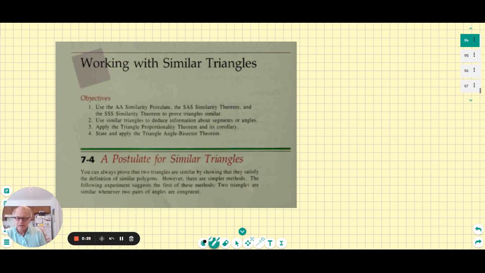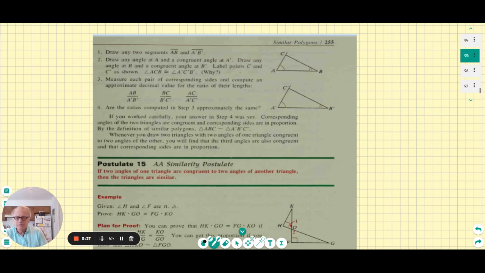So we're going to talk about what happens when you have two triangles and two of the pairs of angles are congruent. Let's say we draw two segments here, AB and A prime, B prime. Then we draw an angle A and a congruent angle A prime. Then we draw an angle B and a congruent angle B prime.